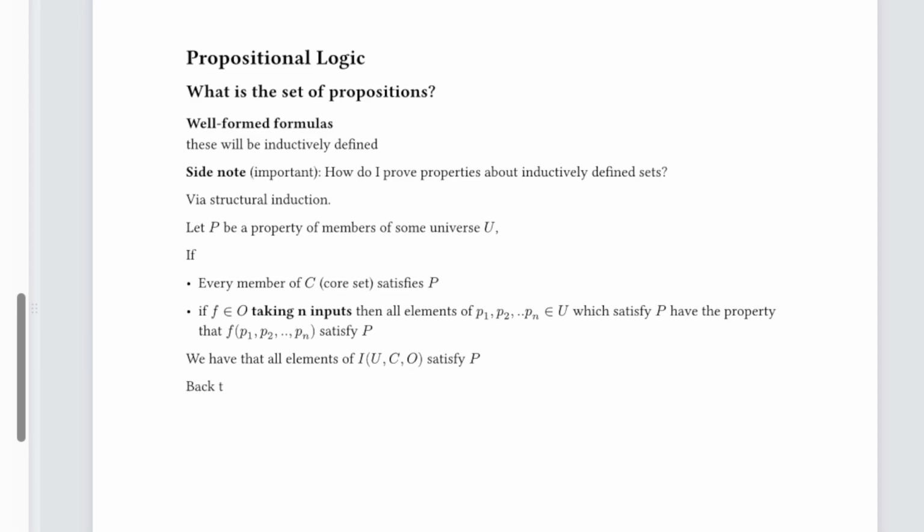Now, back to propositions. So now, what is our universe? What is the universe of propositions? We're going to say the set of all strings over the alphabet Σ with the following symbols.